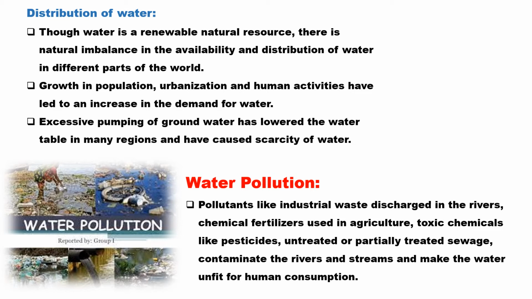What are the main reasons for that? The main reasons for the scarcity of water are the growth in population, urbanization, and industrialization, and the demand for water at every level, though only 3% of water is available for consumption. And again, the major problem is water pollution.